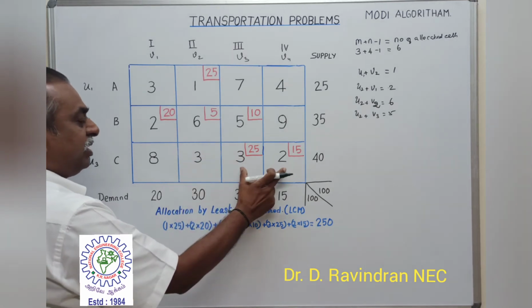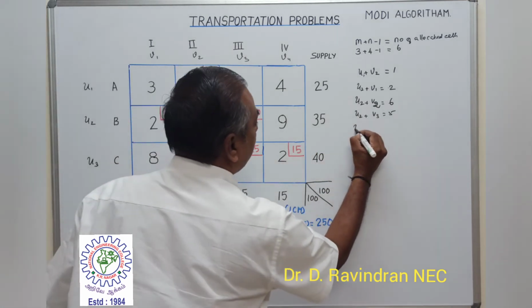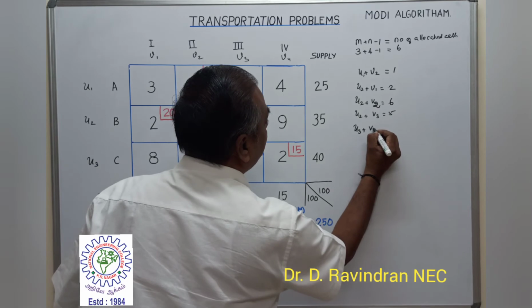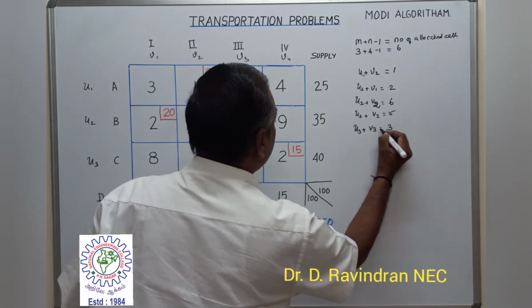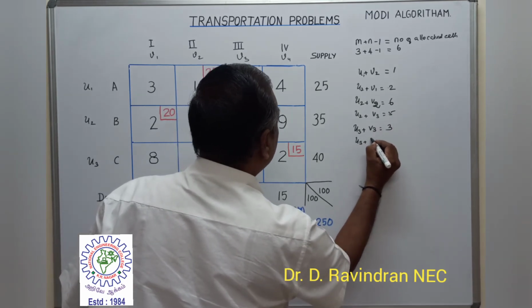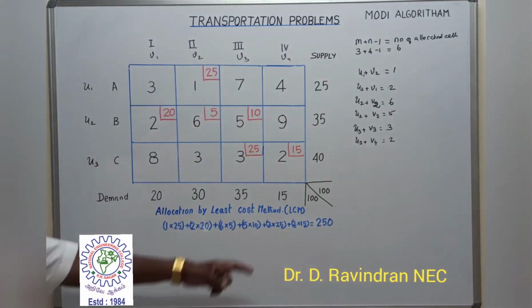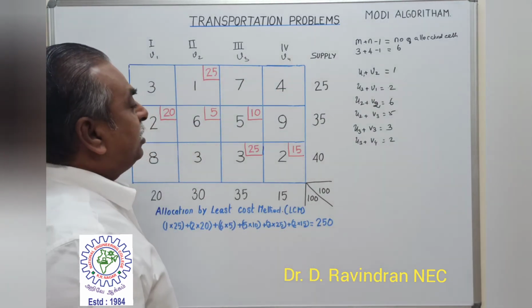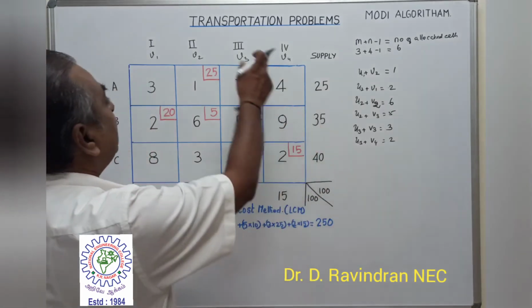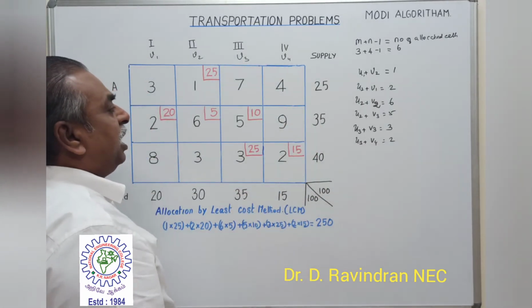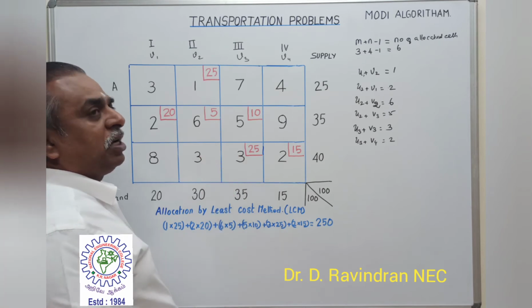Similarly, we can write for these two basic cells also. That means u3 plus v3 equals 3, u3 plus v4 equals 2. Now we have got 6 equations. Using these 6 equations, we can find the values of u and v, assuming any one value equal to 0.